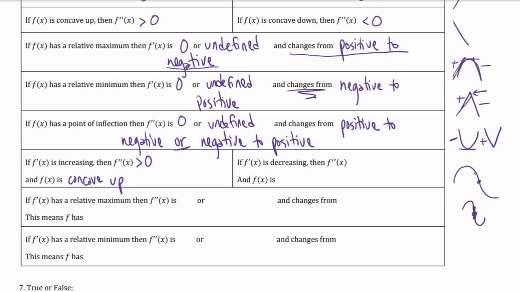If f prime is decreasing, so the slope of f prime is negative, well, the slope of f prime is f double prime. So f double prime is negative. And if f double prime is negative, that means f is concave down.